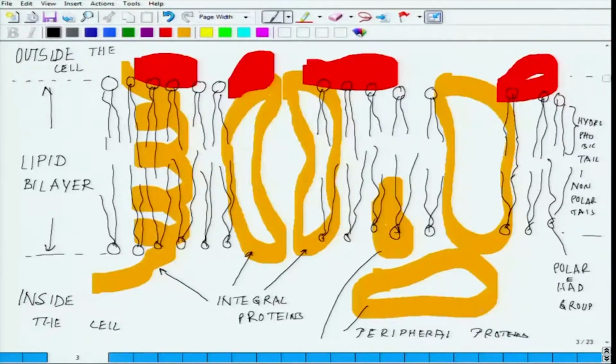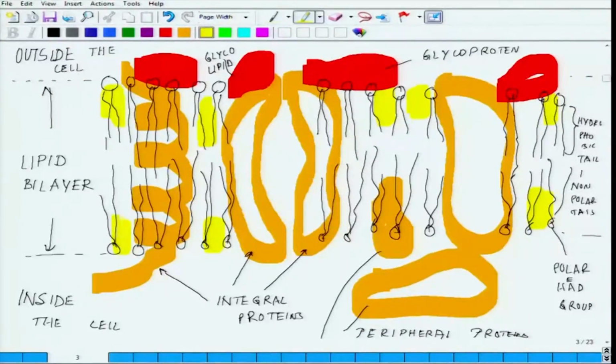And the red ones you see are mostly carbohydrate or glycoprotein, or some of them could even be glycolipid. And within this membrane there are a whole bunch of cholesterols embedded all over the place in yellow, which enhances the fluidity of the membrane.